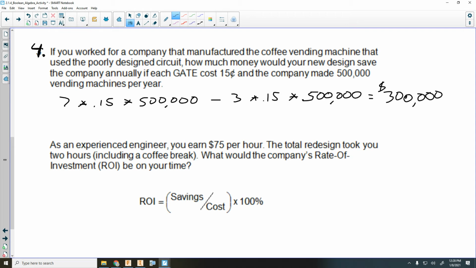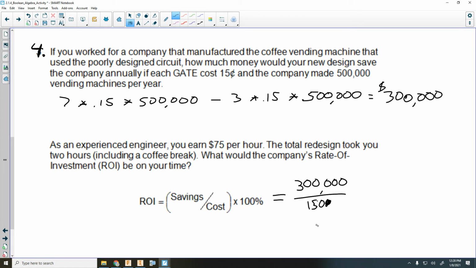And then something also in economics that they bring in here is the return on investment, ROI, the rate of return or rate on investment. So what's the savings? The savings is $300,000. And if it took you 2 hours to do that, that's $150, including your coffee break.